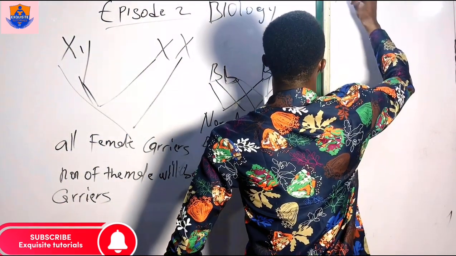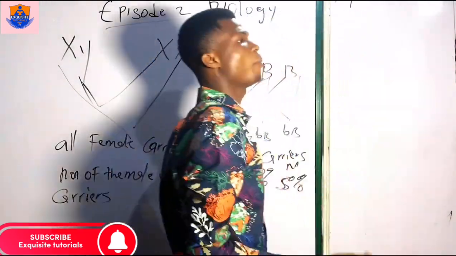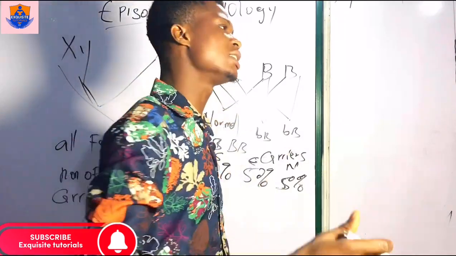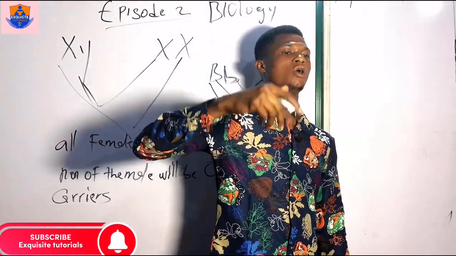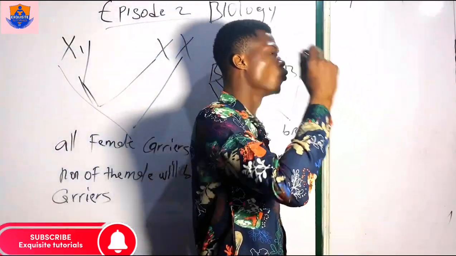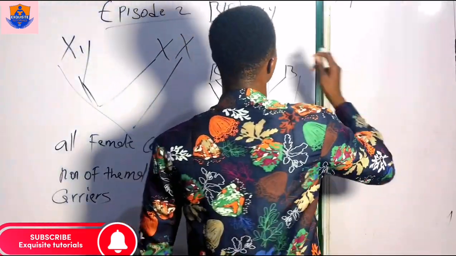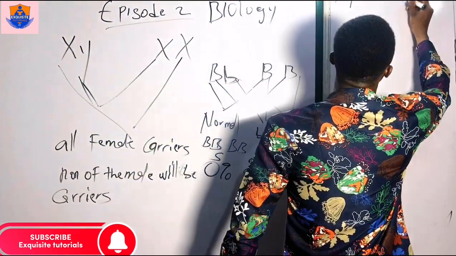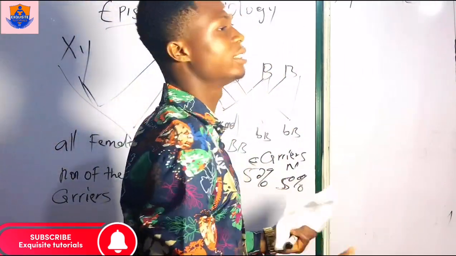Okay, let me give you this to solve. If the woman happens to be the carrier and the man is normal, what percentage of the male children will be carriers and what percentage of the female children will be carriers? Now when you cross this, a carrier means only one of the X chromosomes of the female has this trait.